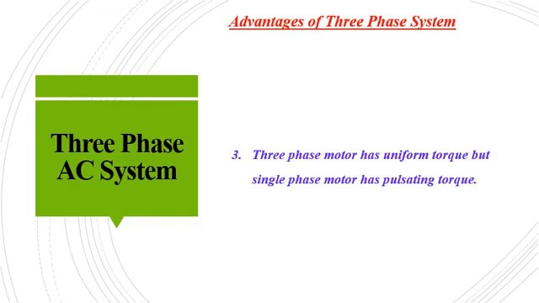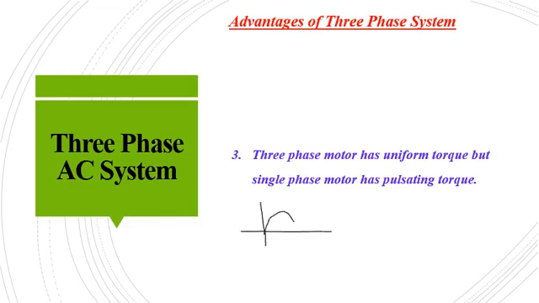So there is a uniform torque in three-phase motors. But in a single phase motor, the torque developed will be pulsating. Why? Because the voltage itself is a pulsating voltage.